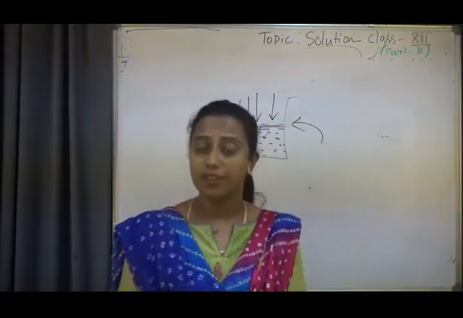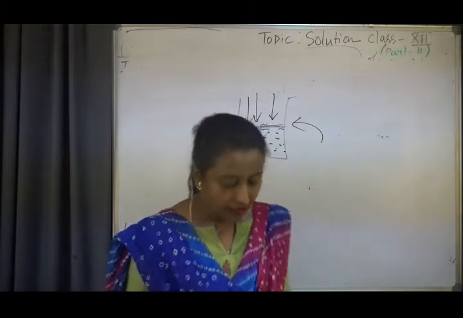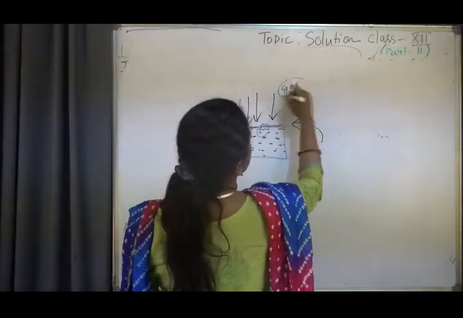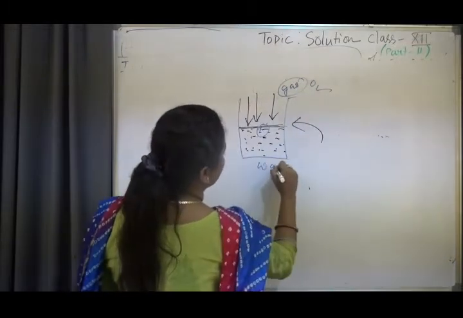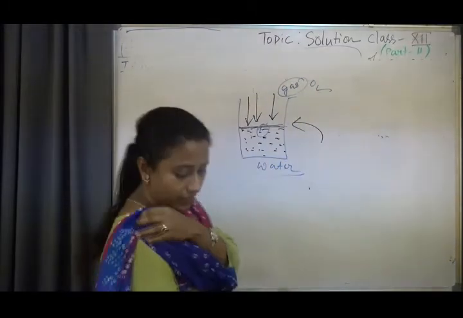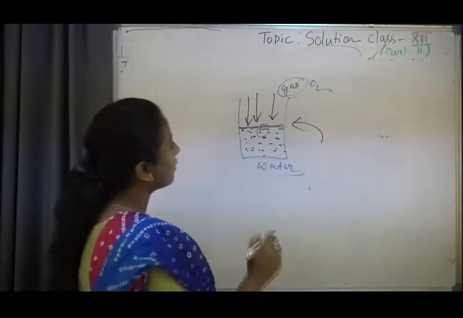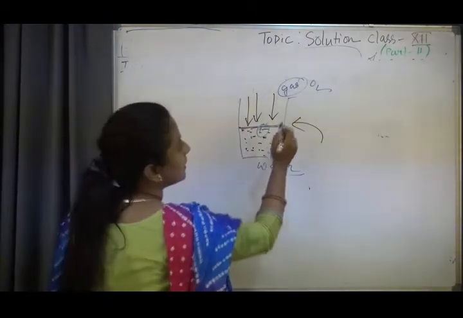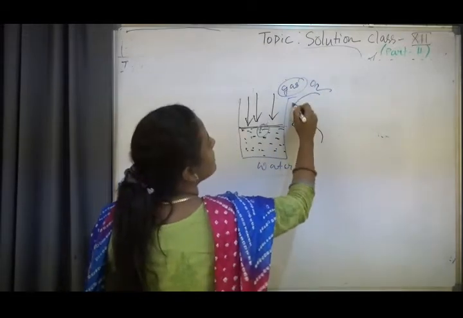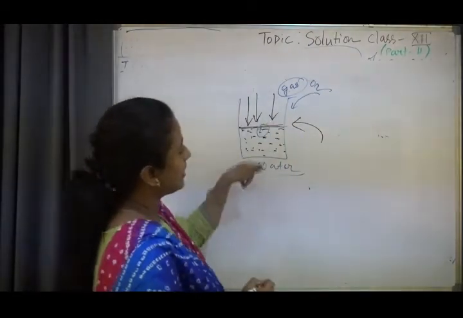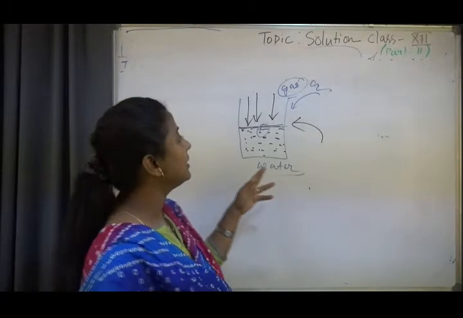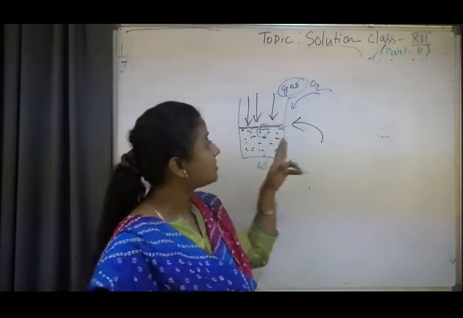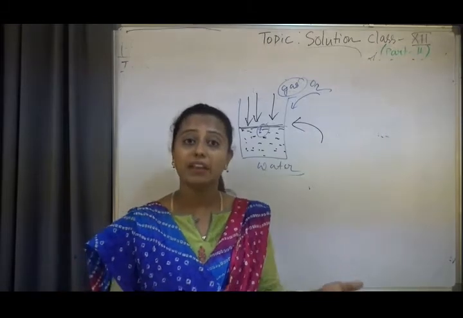Here initially what happens, suppose oxygen gas is dissolved in water to make an oxygen cylinder. Initially, when O2 is added to the water, the rate of dissolution is very high. In that stage oxygen is very active.